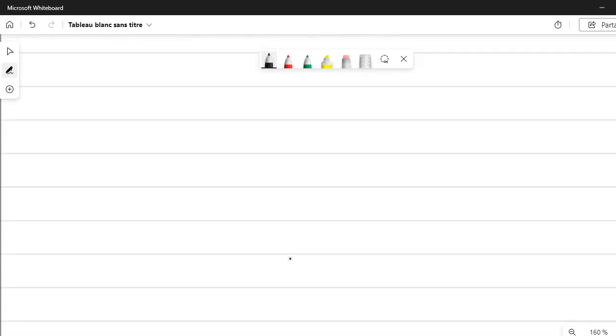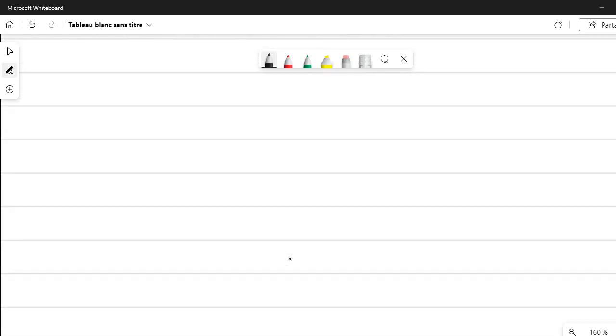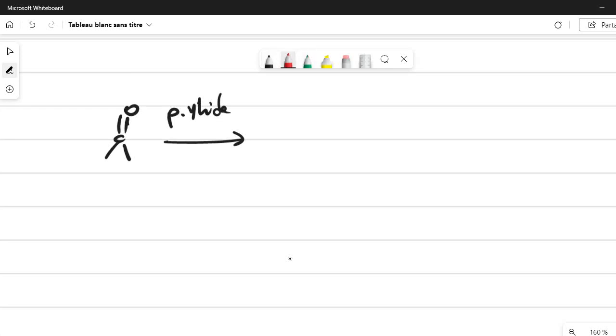So let's start by writing the overall reaction, starting from a ketone. Using the phosphorus ylide, we are going to take only this part of the molecule, the C with the P bond, but it depends on the phenyl groups.